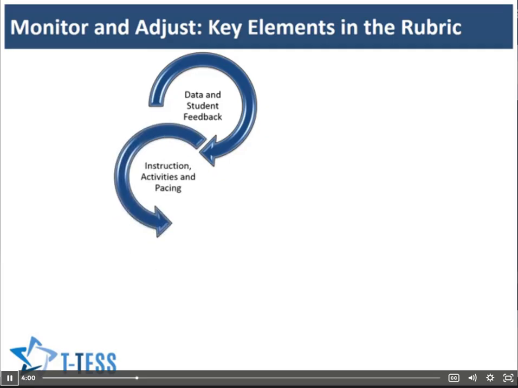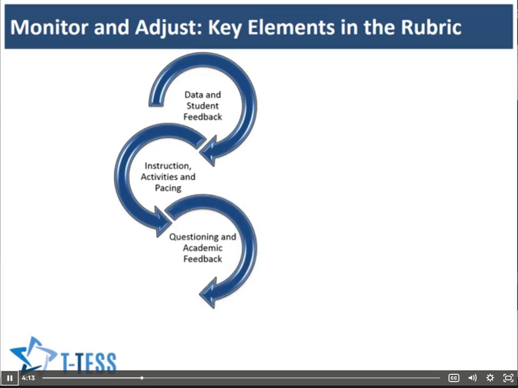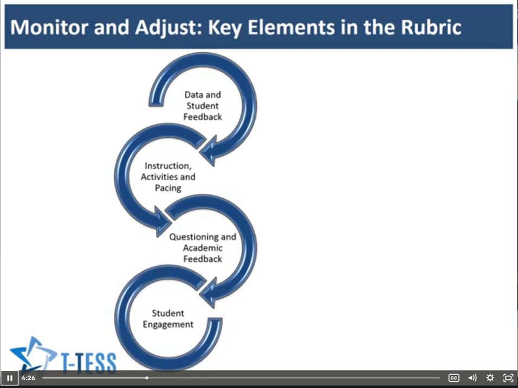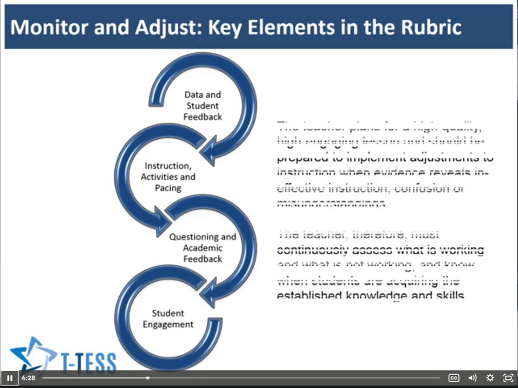Also, how do we monitor and adjust instruction, activities, and pacing to make sure that the lesson is meeting the instructional needs of the students served in that classroom? How are we using questioning and academic feedback in order to understand how students are learning, any misunderstandings, perhaps any misconceptions, and then last, how do we ensure that student engagement is present?